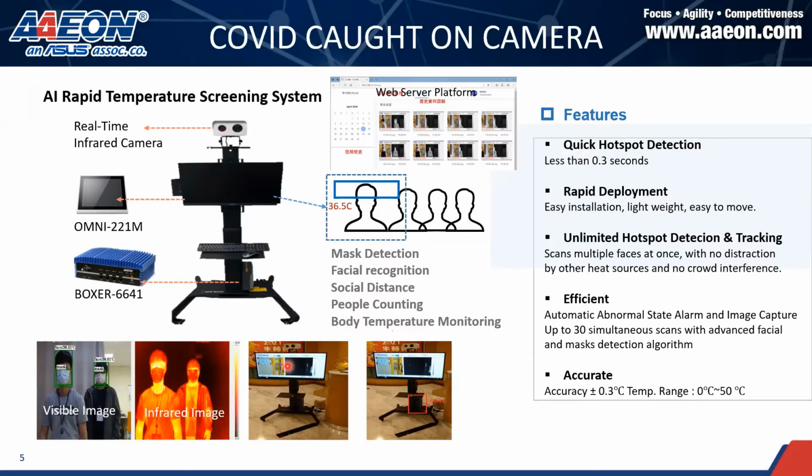So we can use it to check visitors' temperature and whether they are wearing the mask. If not, the system would automatically send alarms. The accuracy is really good, like minus 0.3 temperature. Also, it can detect simultaneously like 30 visitors at the same time, even though they are wearing a mask or something else.